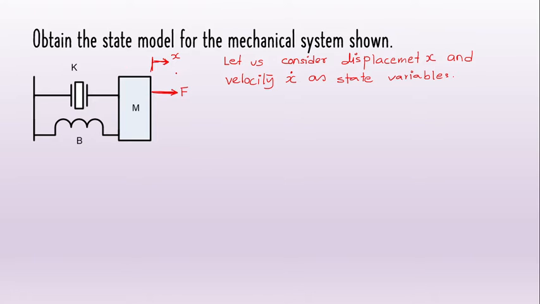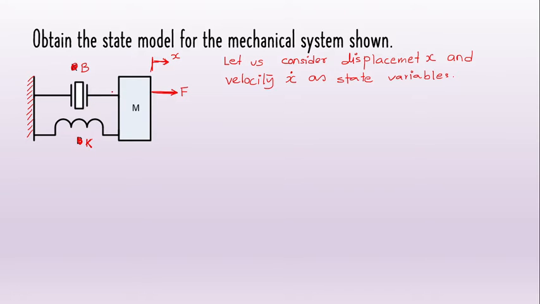Now, what are we going to do? We are going to write the dynamical equation or the differential equation for this particular system. We know this is in static equilibrium. This is fastened to a wall, and this will be the spring. It is the damper B, damping constant B, and this is the spring constant.